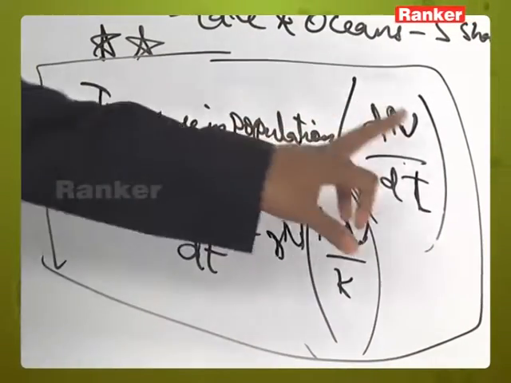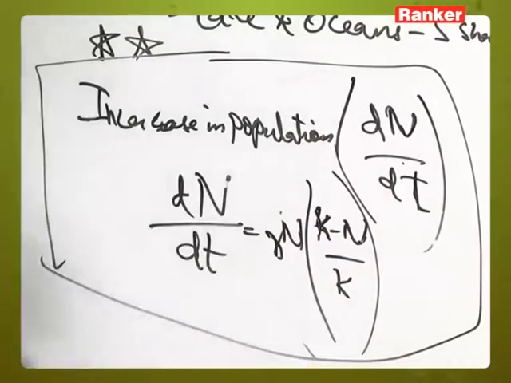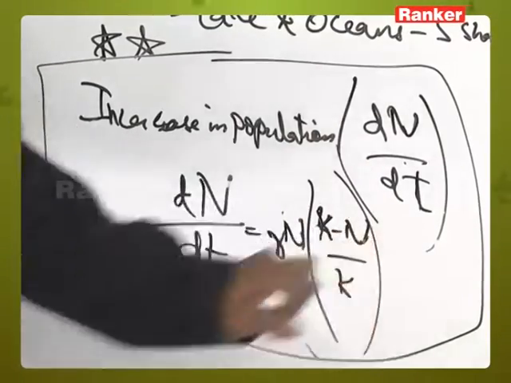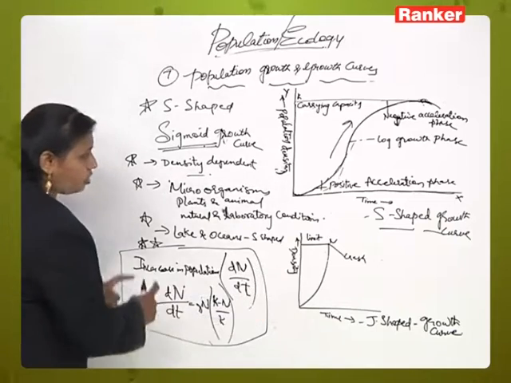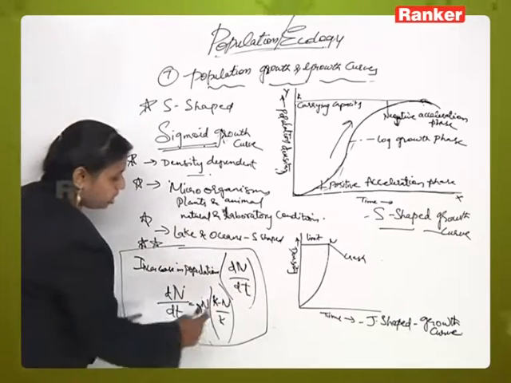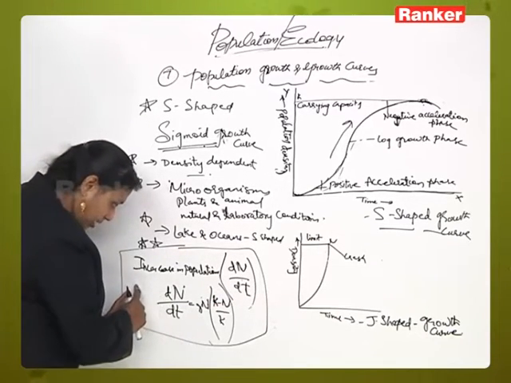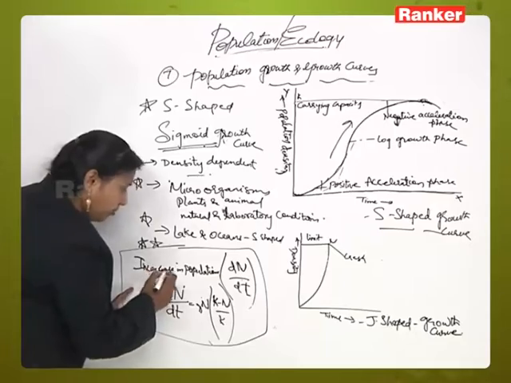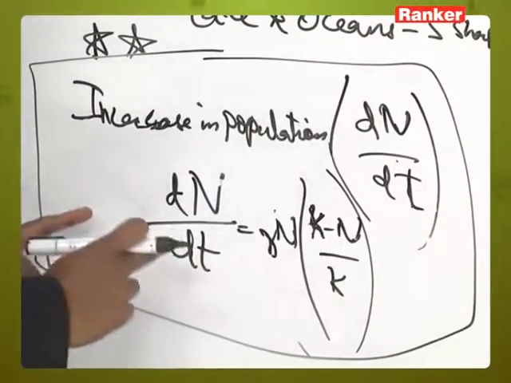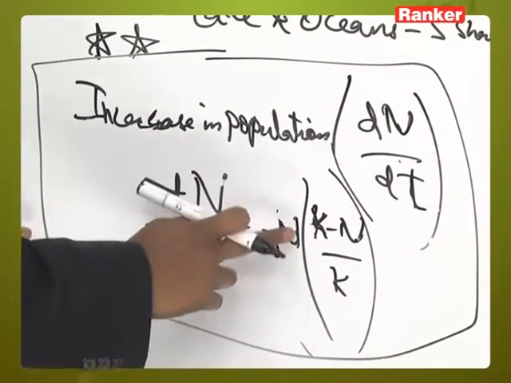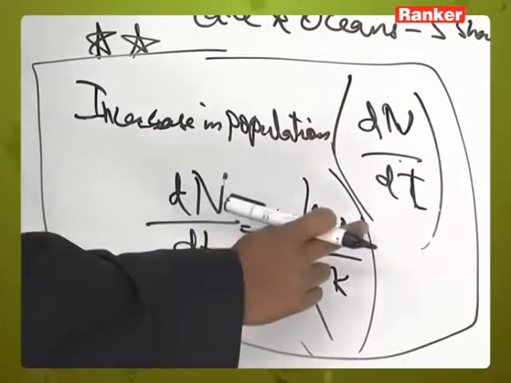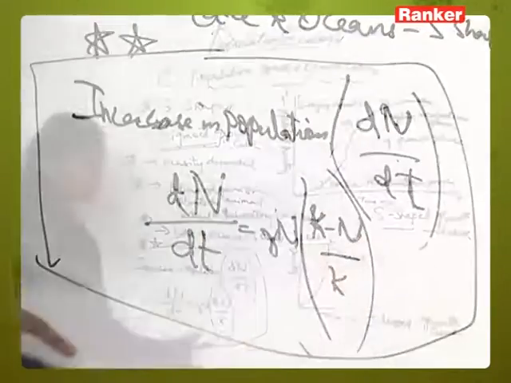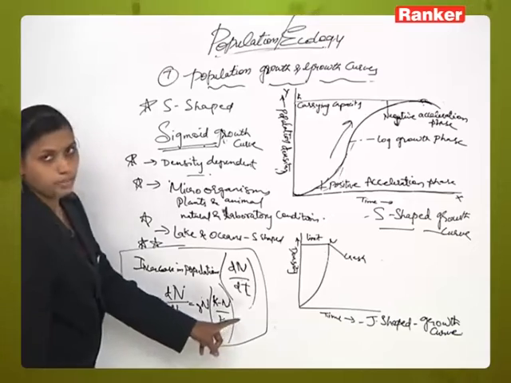So in terms of the sigmoid growth curve of a population, it can be written as increase in population dN by dt is equal to biotic potential times the number of individuals in a population, into carrying capacity minus number of individuals, by carrying capacity of that particular population.